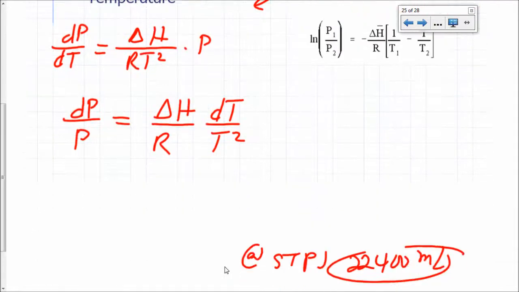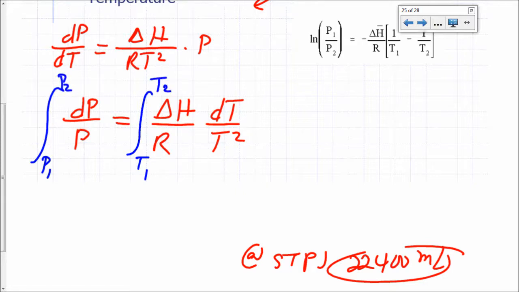All right. Now, I integrate both sides. If P1 is the vapor pressure at temperature T1, and P2 is the vapor pressure at temperature T2, then what's the integral of dP over P?